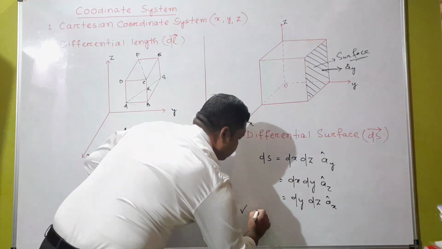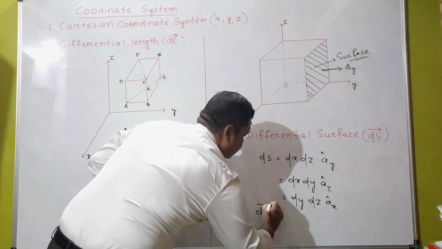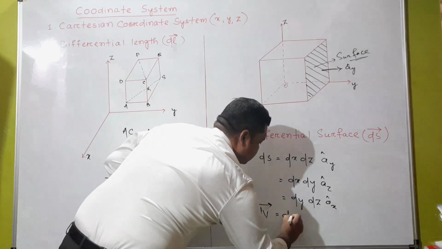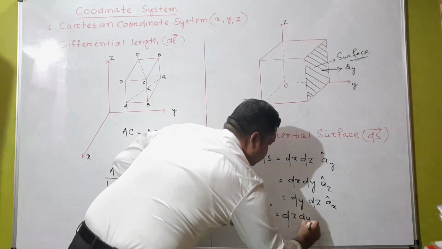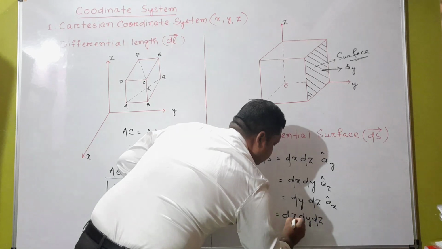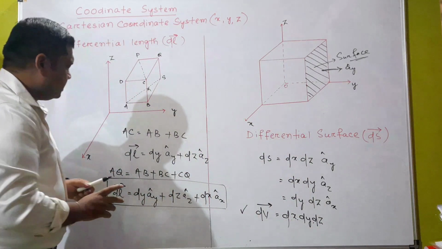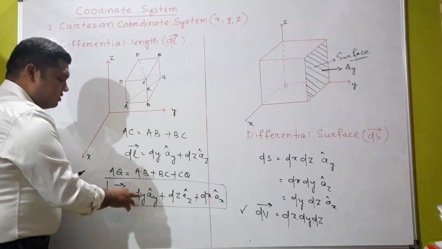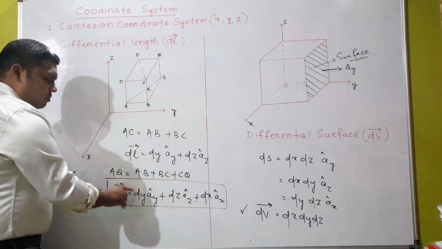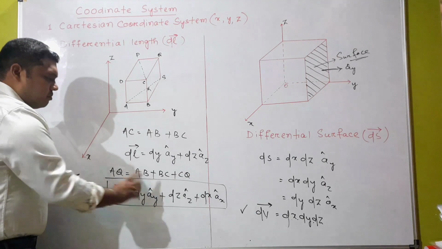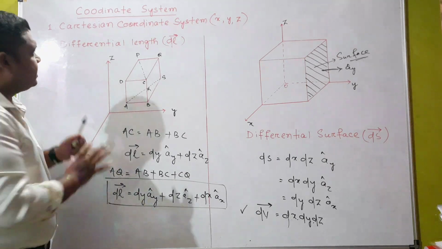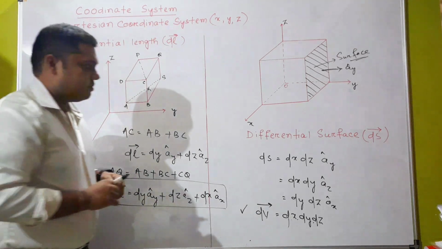Now the differential volume dv in the Cartesian coordinate system is equal to dx into dy into dz. So the differential length dl vector is equal to dx ax cap plus dy ay cap plus dz az cap in the Cartesian coordinate system.